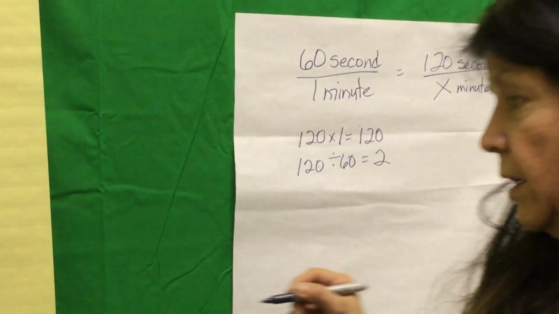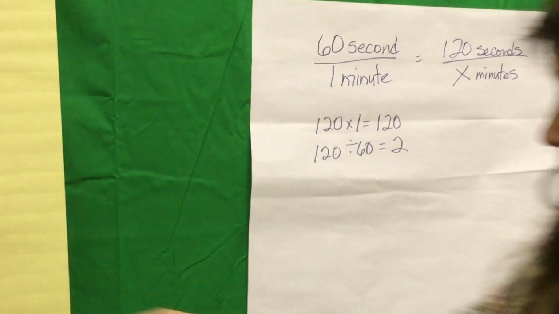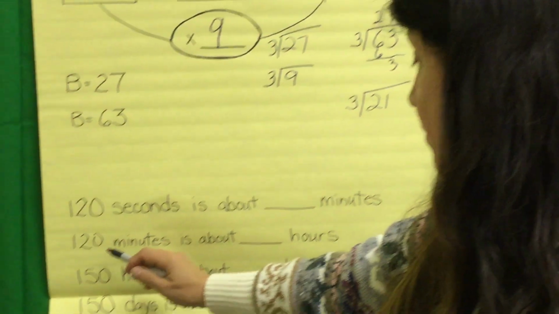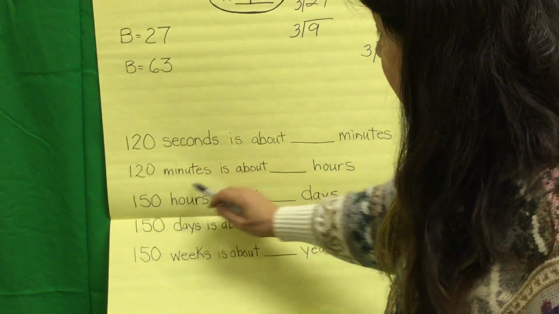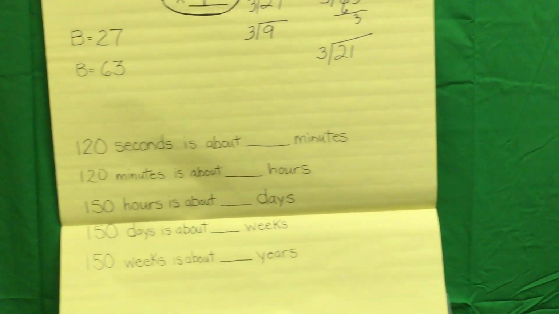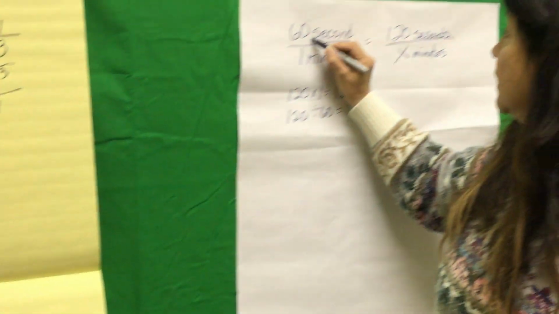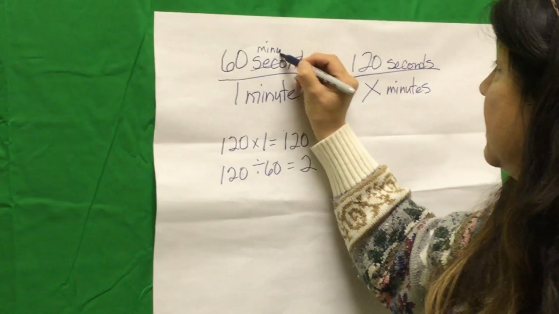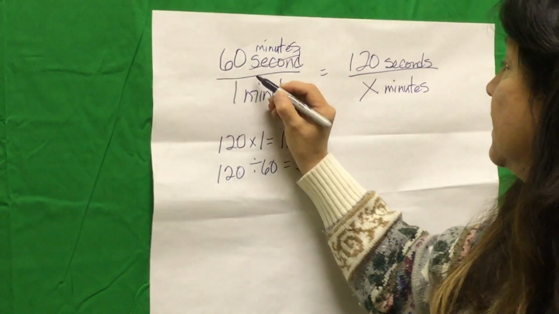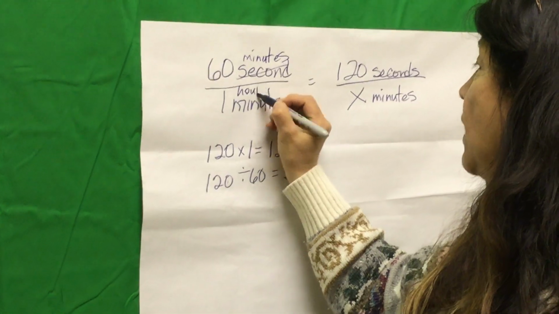And then this has the same number as this, but we're just changing the units. So instead of seconds, we're going to cross this out and put minutes, because there's 60 minutes in 1 hour.